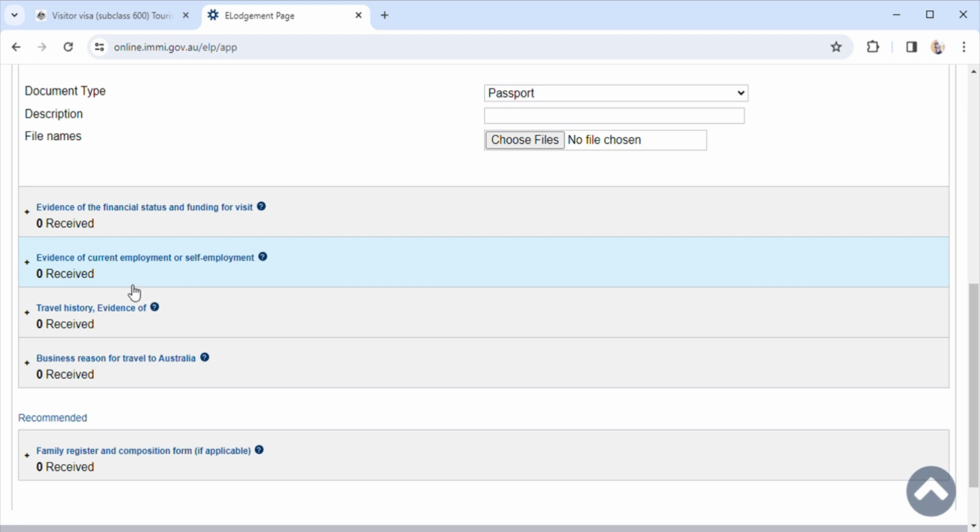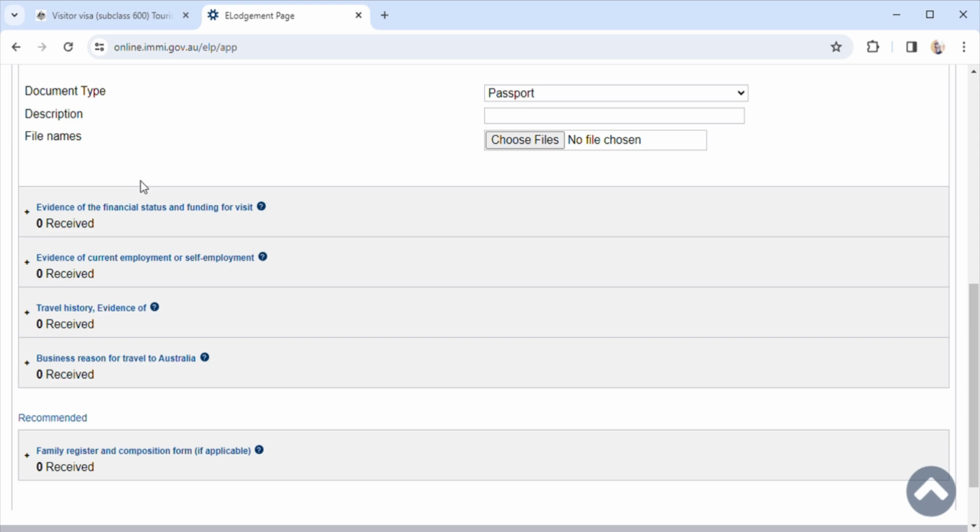So guys, here is your evidence of financial support, you upload the documents you have. If you have a job, you put a reference letter from your employer. You put a confirmation letter, the letter that they gave you when they were approving that job. I have already talked about the land titles.